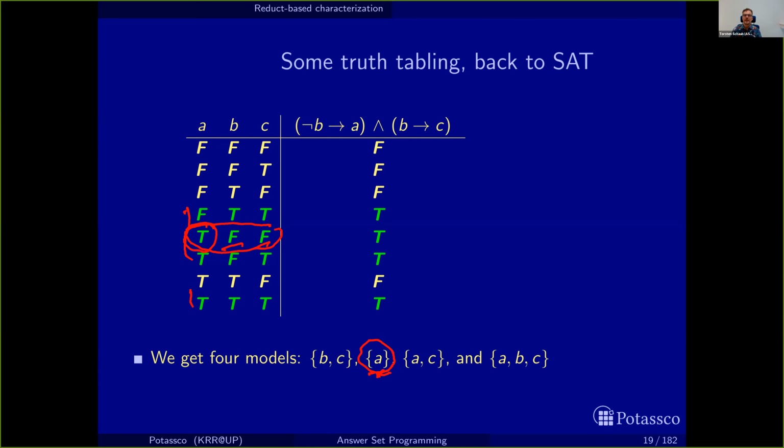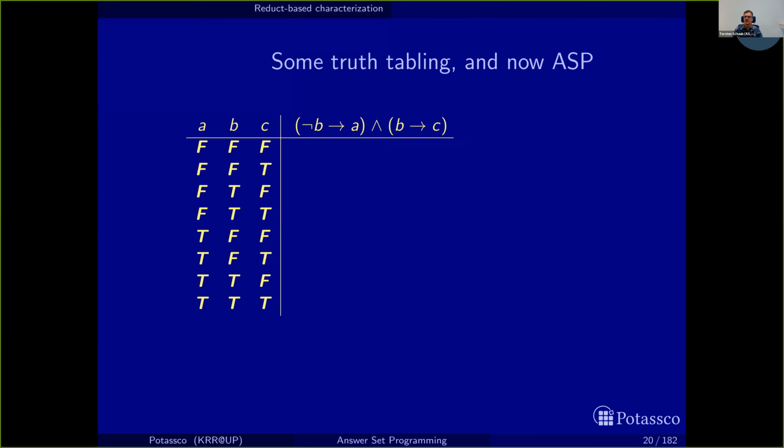Now let's use the same type of truth tabling in ASP. Actually, what you do here is you say, okay, somehow you don't trust the oracle, because one thing you can say is this: whenever you have an interpretation, it's like an oracle, right? It says, let's just assume this is the case and check it afterwards.